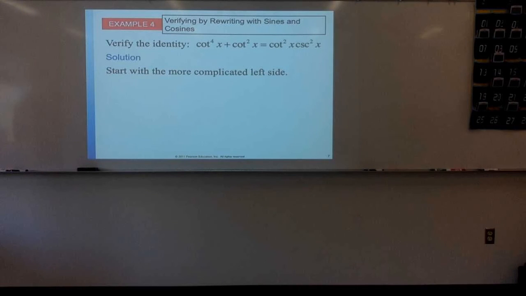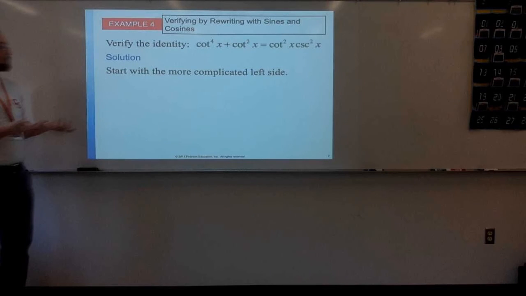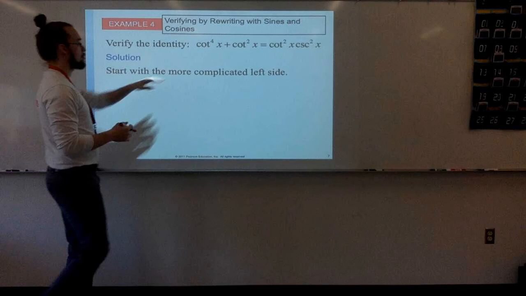No matter what the trig function is, I can rewrite it in terms of sine and cosine. So, in this one, we've got cotangent to the fourth plus cotangent squared equals cotangent squared times cosecant squared. So let's start with the left side here and rewrite everything in terms of sine and cosine.